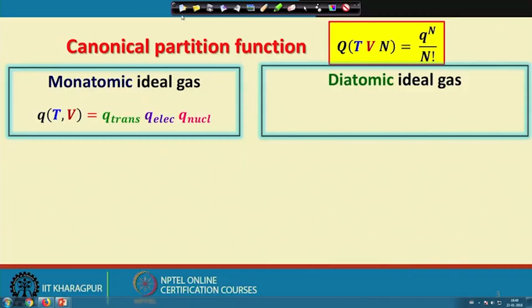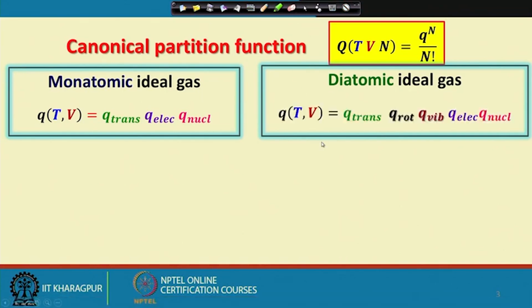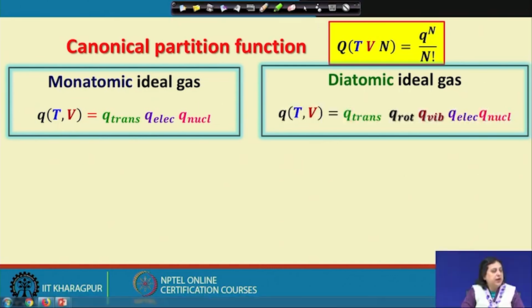Now, if we compare what has happened in the case of the diatomic ideal gas, where each particle in the gas is a molecule comprised of two atoms, we find that we have the same terms as in the monatomic ideal gas, such as q trans, q electronic and q nuclear, but here we have two additional terms coming in because of the underlying molecular structure in the form of a chemical bond between the two nuclei of the system.